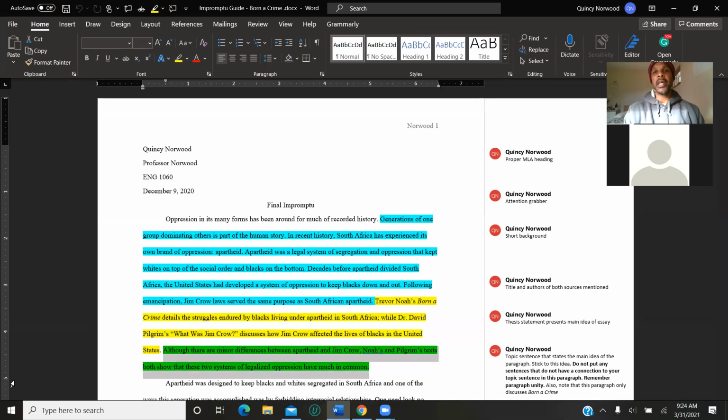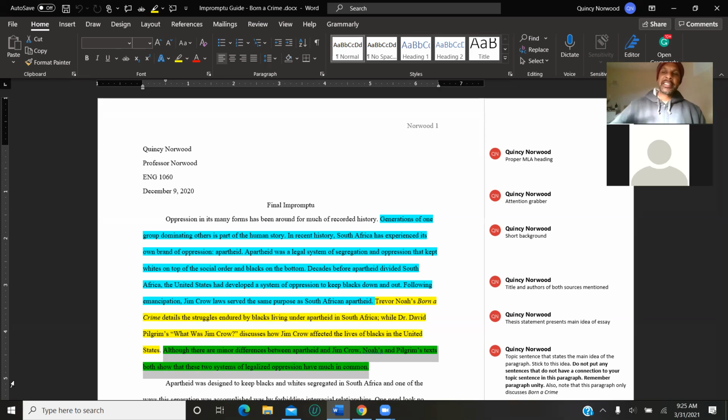And just moving forward, this is for any class, if your thesis statement contains phrases like many ways, many differences, or this has had many effects, that's too vague for a thesis statement.